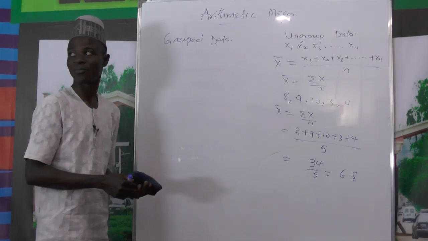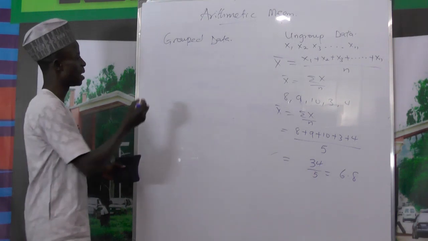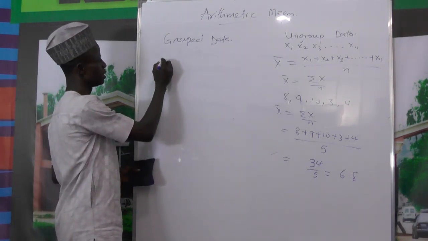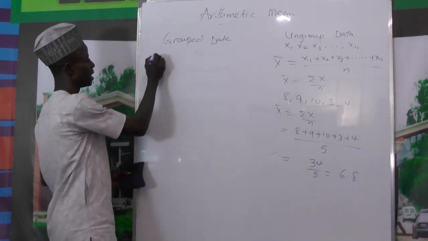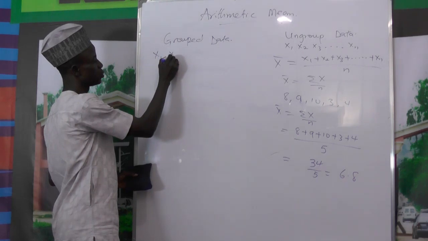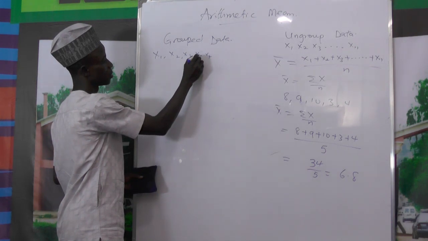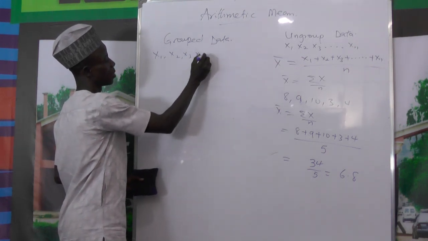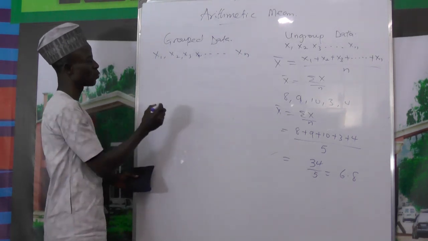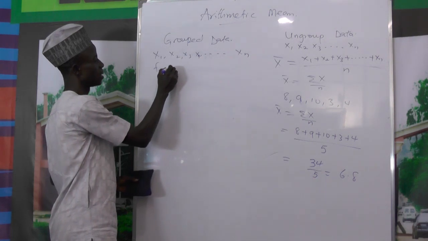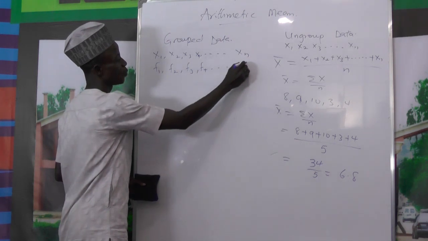So you can also have grouped data. If we have grouped data, our arithmetic mean is written as follows. When you have a set of data like x1, x2, x3, x4 up to xn, and each value has a frequency, f1, f2, f3, f4 up to fn.